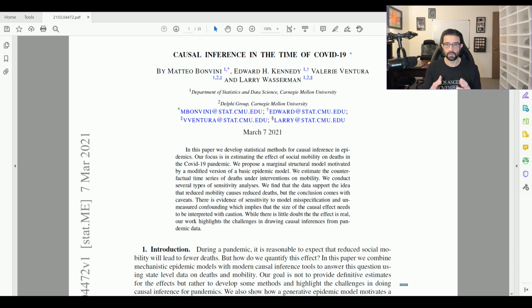This is very much what we do in the machine learning world when we are presented with a data set and we want to do some sort of causal analysis. And what this paper is going to bring up is a lot of what I've talked about in previous videos, that we can do causal inference, we can do causal modeling. However, what we end up finding has significant limitations in almost every case.